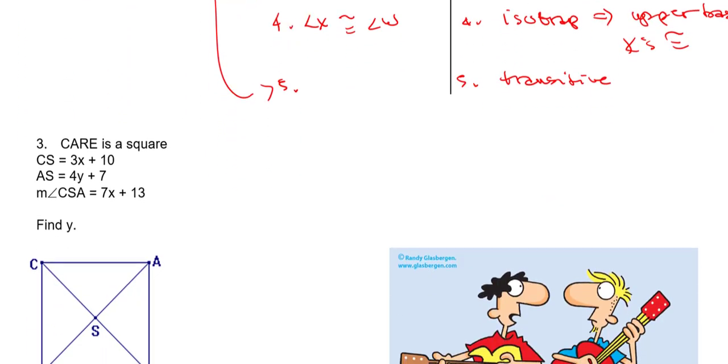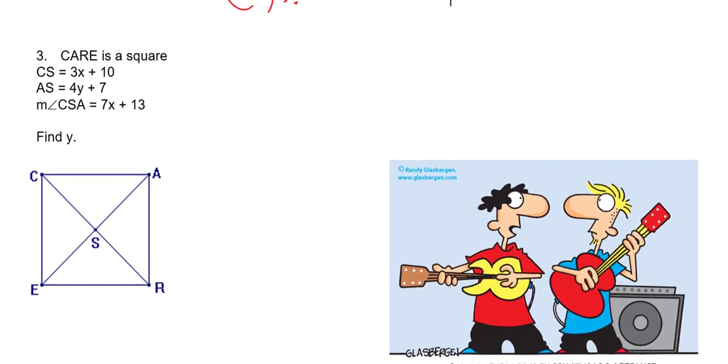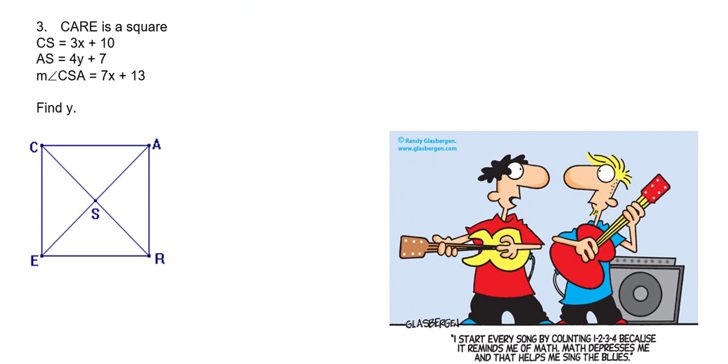Let's jump down and do one more algebraic before we hit some more on the back side. CARE is a square. So CS is 3x plus 10. AS is 4y plus 7. And angle CSA, this angle that we know is a right angle down here, is going to be 7x plus 13.